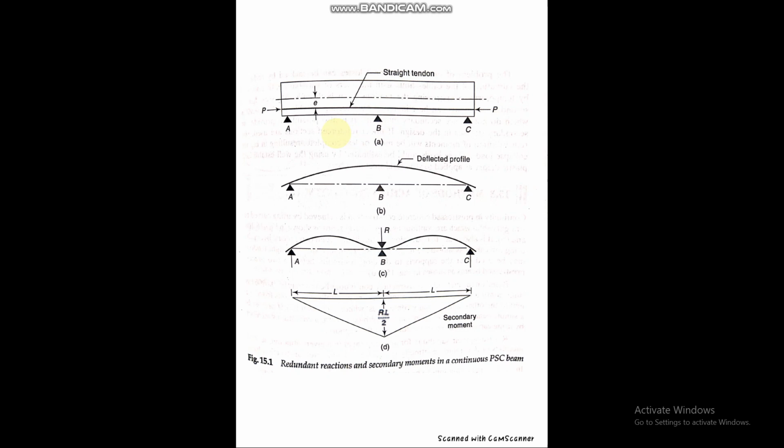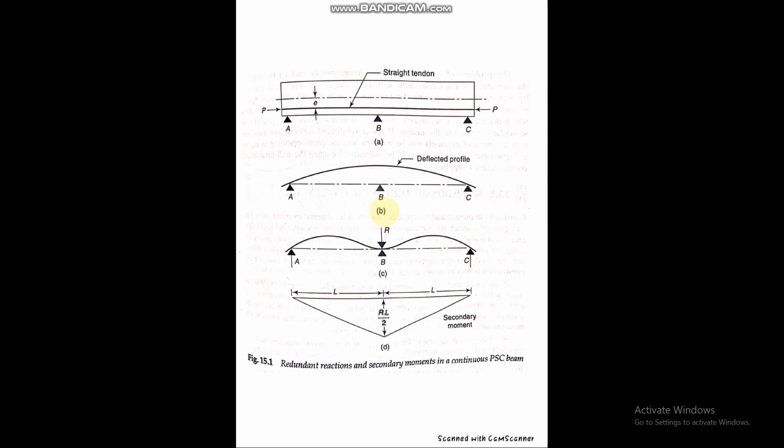If it had been a simply supported beam and we applied the prestressing force P, what would be the deflected profile? It's shown right here. It would deflect like this only if there was no support B present. The moment happening there is completely hogging moment, right?